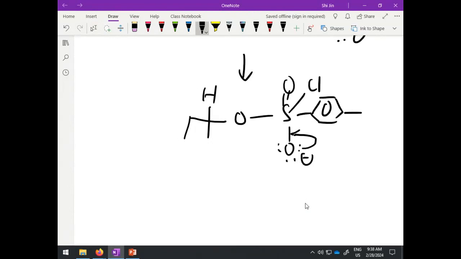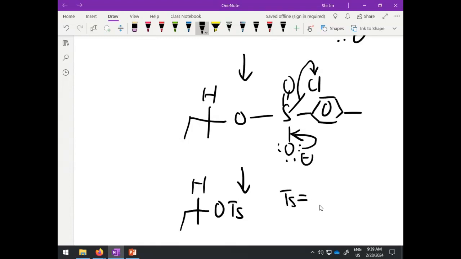Sulfur is very oxyphilic, loving to bond with oxygen, even more than carbon does. Sulfur and phosphorus are both very oxyphilic atoms. So what you see is the tosylate, OTs, plus the chloride.